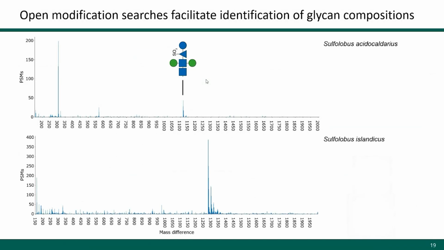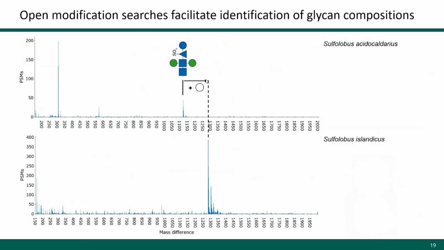And of course, I wouldn't be talking about this if we couldn't, right? So we have done open modification search. If we don't know what modification we're looking for, we can do an open modification search. What is shown here is basically just the mass differences across the different peptides. For the species Saccharolobus acidocaldarius, we actually know the glycan composition, so that was kind of our positive control.